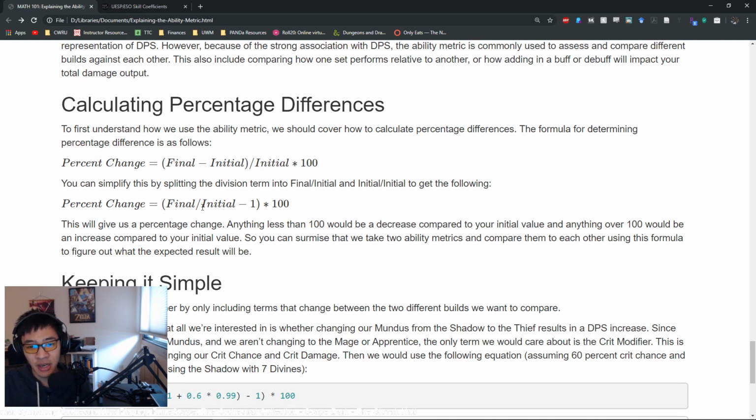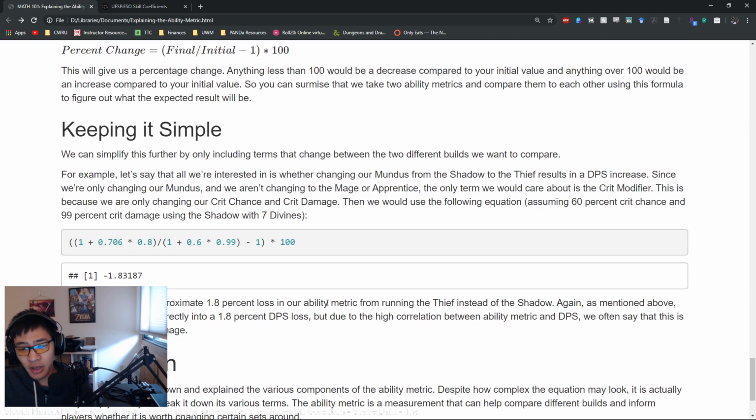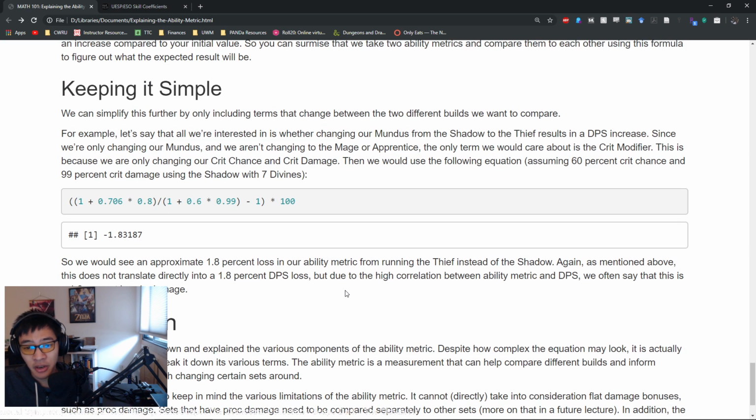You get final divided by initial, minus 1, times 100. This will give us our percentage change. So you can figure out how much your ability metric is changing, and then take that and say, okay, we can see approximately this much of an increase or decrease in damage based on the changes that we make. Here's an example of what you can do.